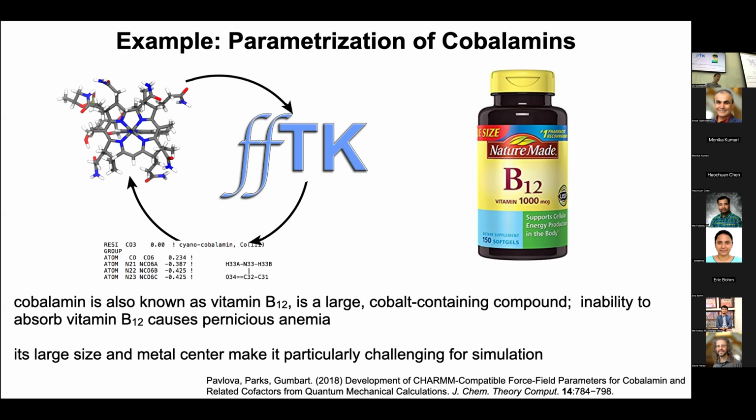Cobalt is particularly interesting because it forms a covalent bond with a carbon. That's why it's so useful as a nutrient within us, because it gets used, for example, for the building of the sheaths of our nerves and so on. And it has very interesting chemistry, but that also makes it extremely challenging to simulate accurately.